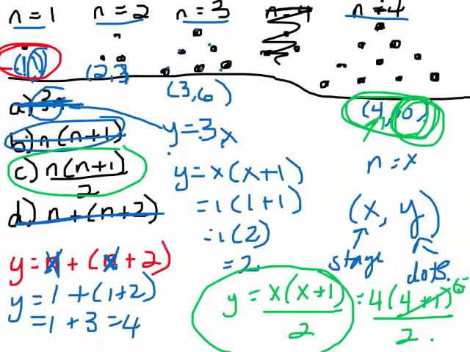So I'm going to type in X times X plus 1, and end the parentheses for the numerator of the fraction. Then I'm going to divide by 2, because that's what choice C has on the bottom. I don't really have to put it in parentheses because there's only one thing.